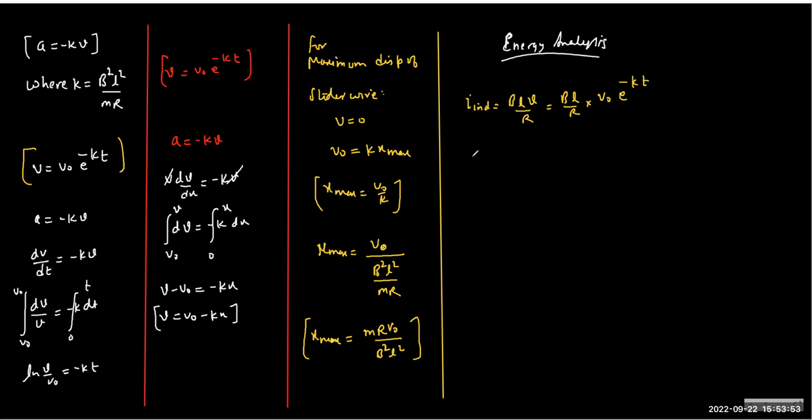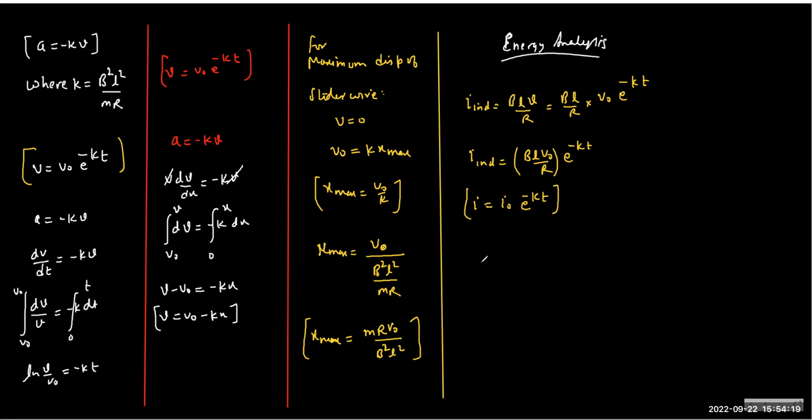So this is the current at t equals 0, I naught equals BLV naught by R. So this is an exponentially decaying current, right?